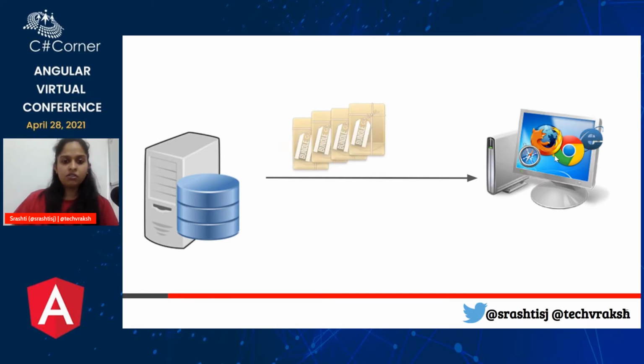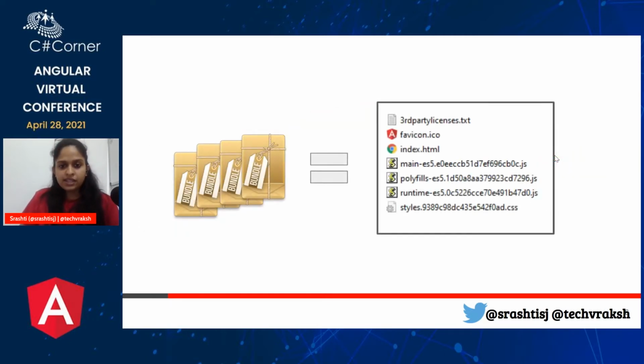Whenever you hit any single page application, it will give you some bundles, and those bundles will be downloaded to your browser. Then when you want to go to a particular page, say you are on home and now want to go to the user profile, it will go into the bundles and show the data from there, and only ask the server for XHR data. Otherwise everything is on your browser only. That's why a single page application is really fast.